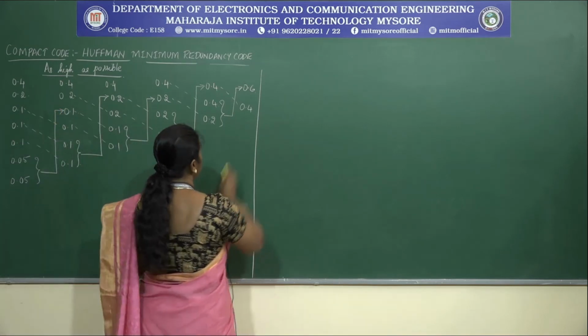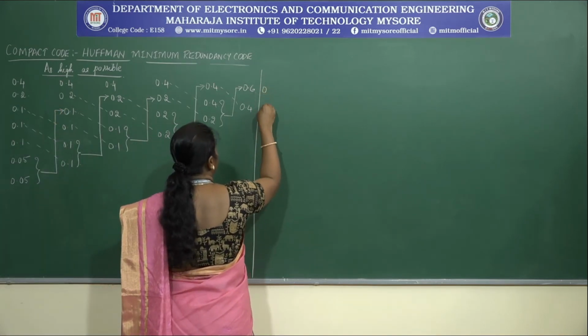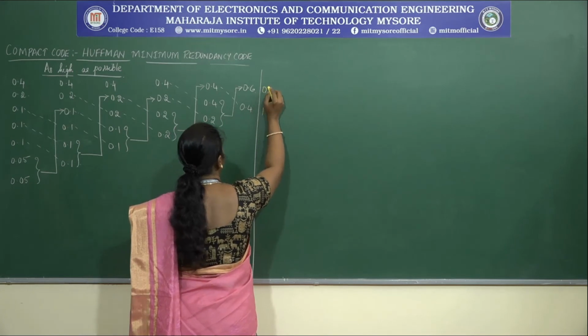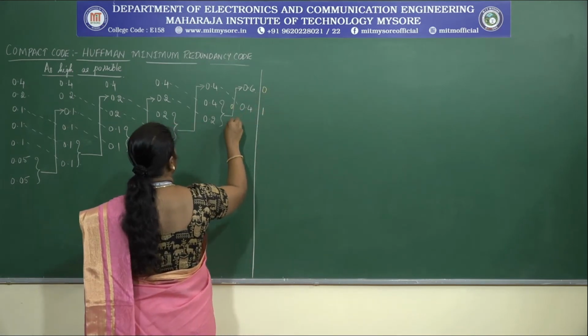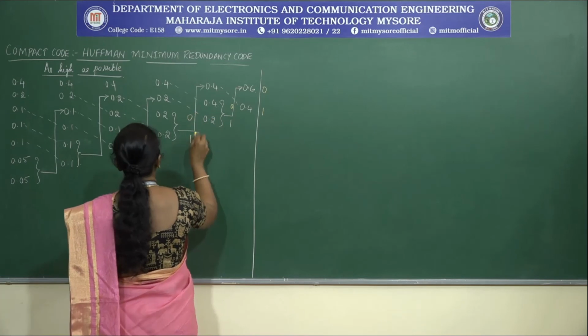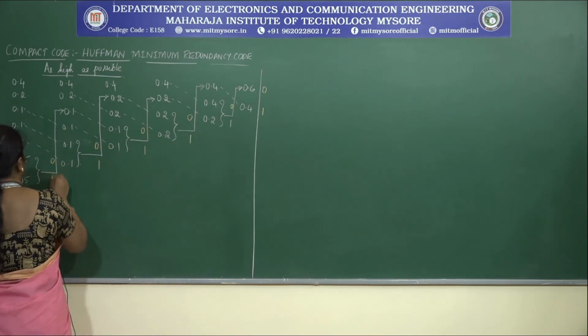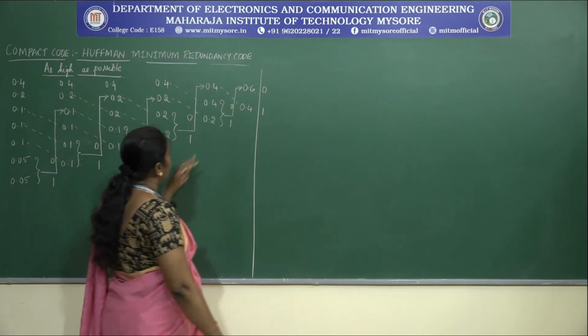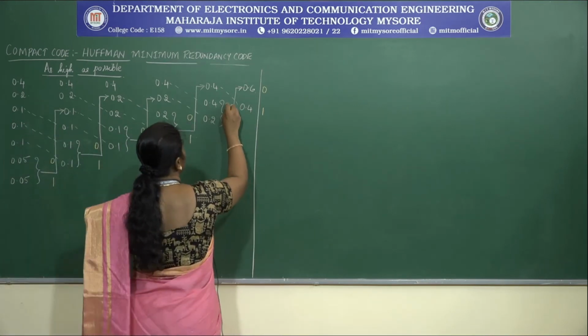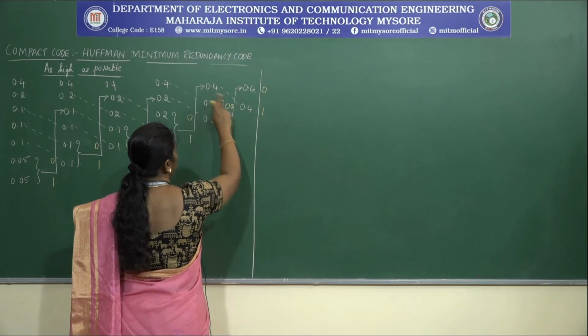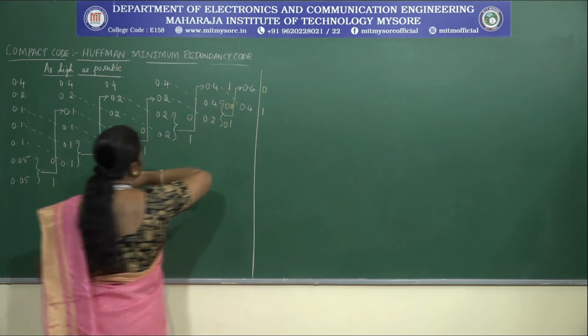Once again you need to perform the same process, assigning the code alphabet. So this is 0 1, 0 1, 0 1, 0 1 and 0 1. Next, the 0.6 value is 0, so it is 0 0. The 0.4 value is 1.